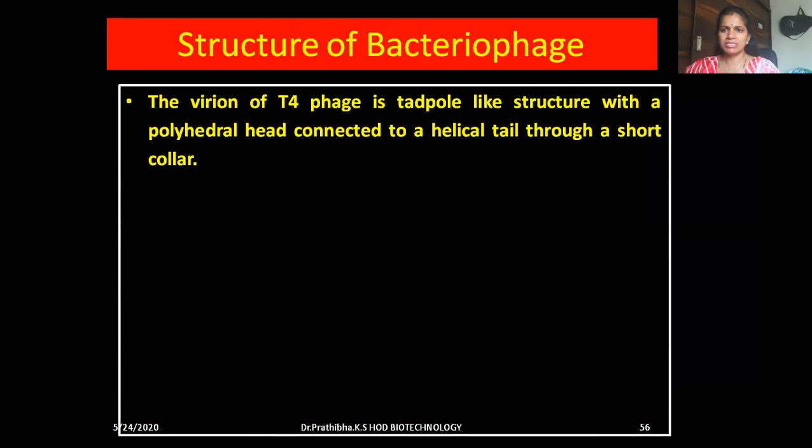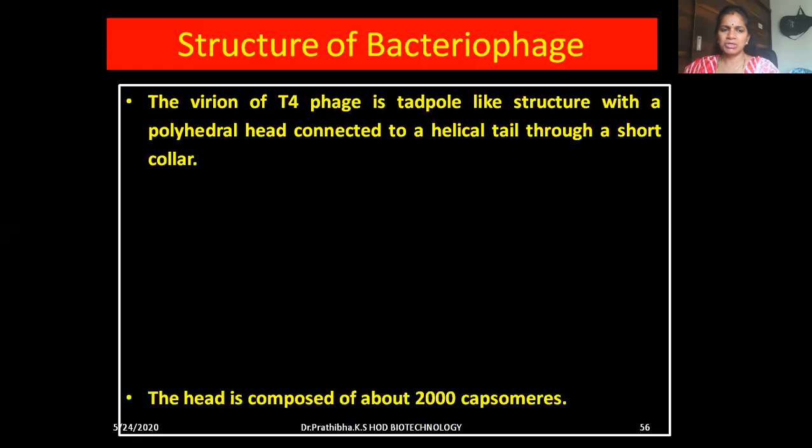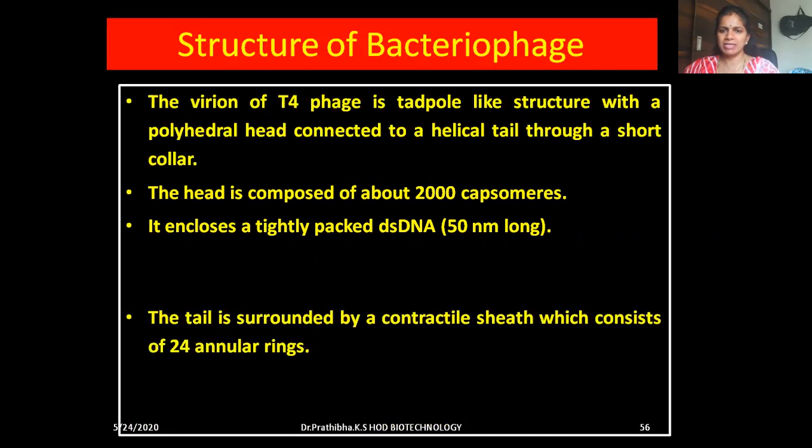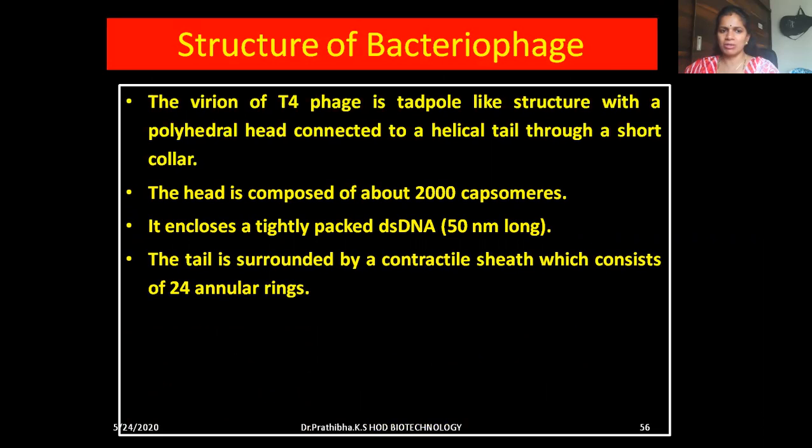Now let us go to the structure of bacteriophage. The virion of T4 phage is a tadpole-like structure with a polyhedral head connected to a helical tail through a short collar. The head is composed of 2000 capsomeres. It encloses a tightly packed double-stranded DNA which is 50 nm long.